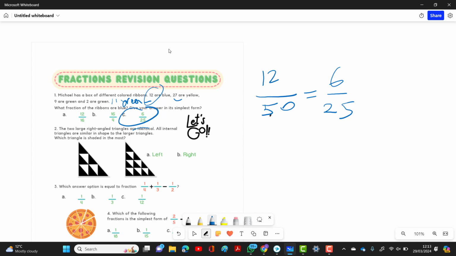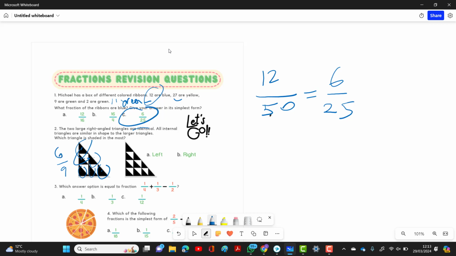Let's count: 1, 2, 3, 4, 5, 6, 7, 8, 9. The bottom number will be 9. And how many shaded? 1, 2, 3, 4, 5, 6. So 6 over 9 for this one.